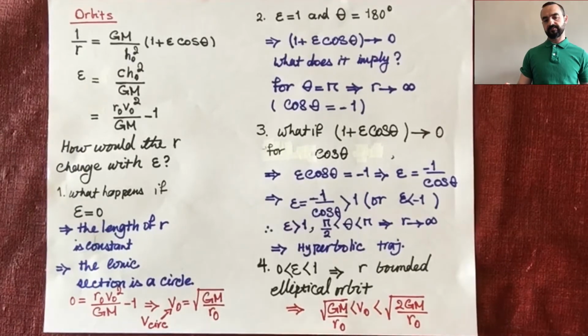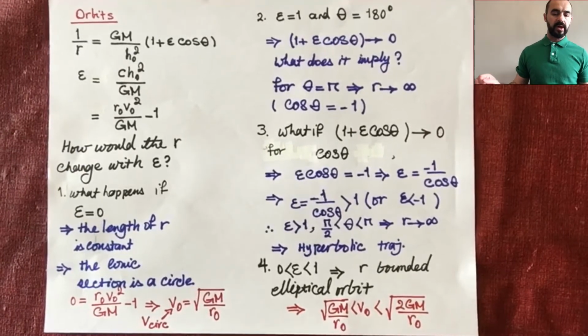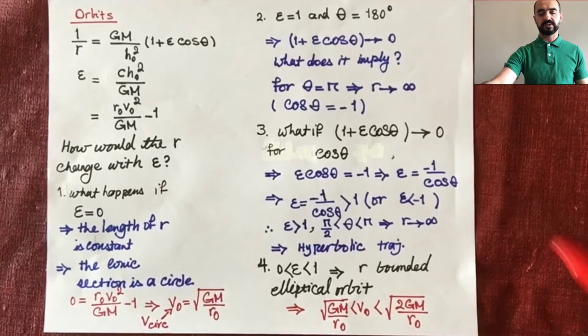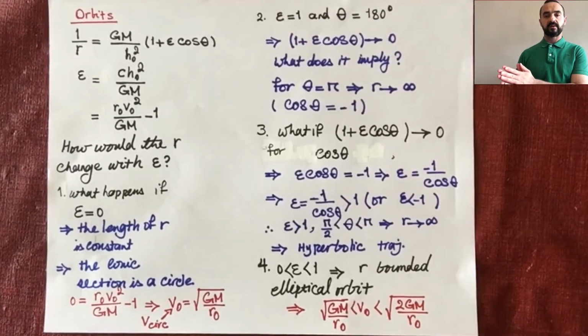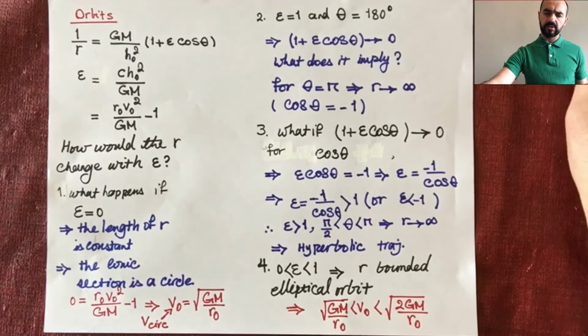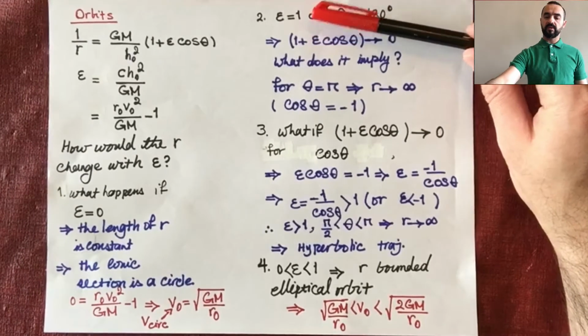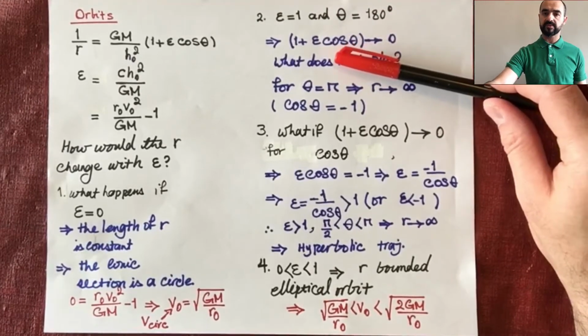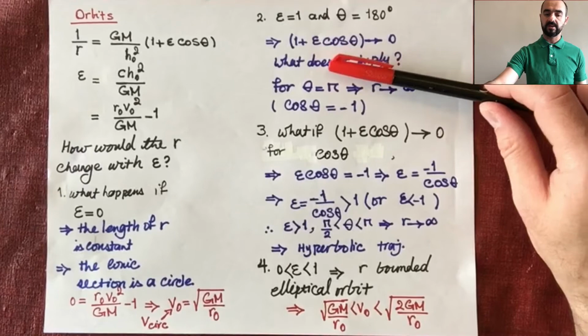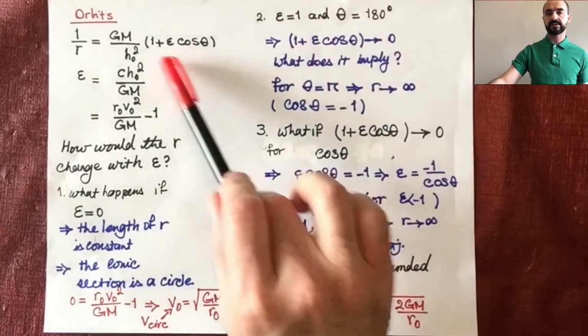This is one case. Now, how about when epsilon goes to 1 and theta is equal to 180? For epsilon equal to 1, theta equal to 180, cosine theta is going to be minus 1, and the right-hand side term goes to 0.